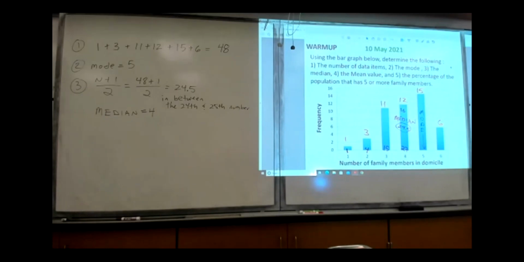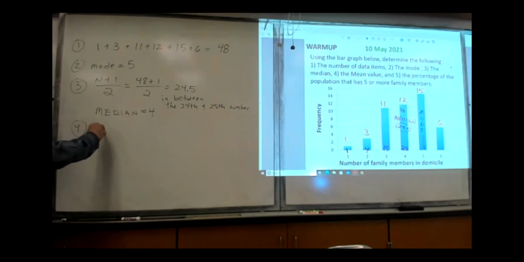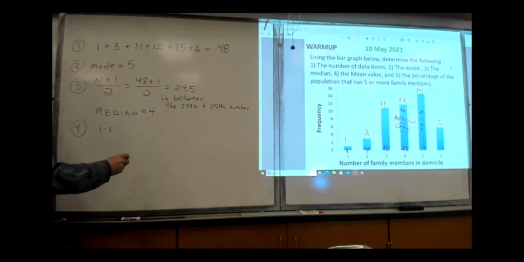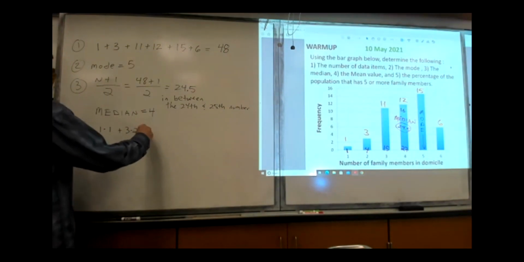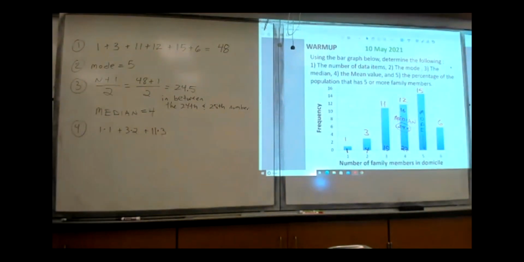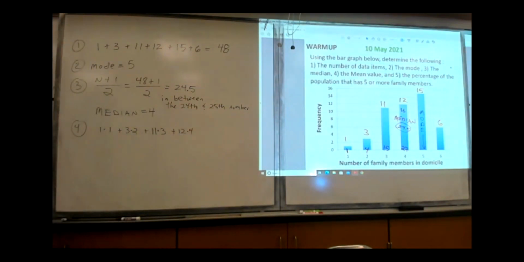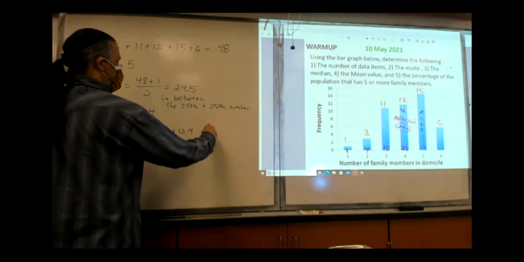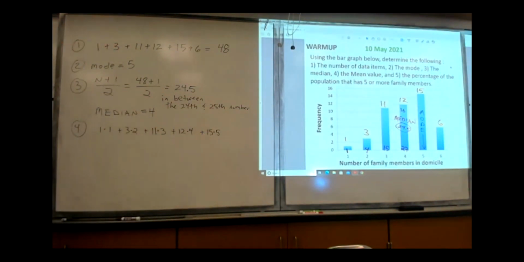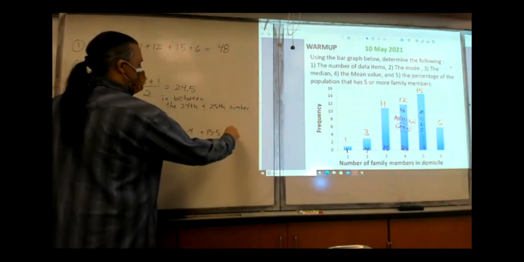Okay, now the mean value, this is where we've got to calculate and then divide by how many there are. So to get the mean, we have 1 times 1. We get 3 2s, so 3 times 2. We've got 11 3s, so 11 times 3. We've got 12 4s, so 12 times 4. We've got 15 5s, so 15 times 5. And we've got 6 6s, so 6 times 6.